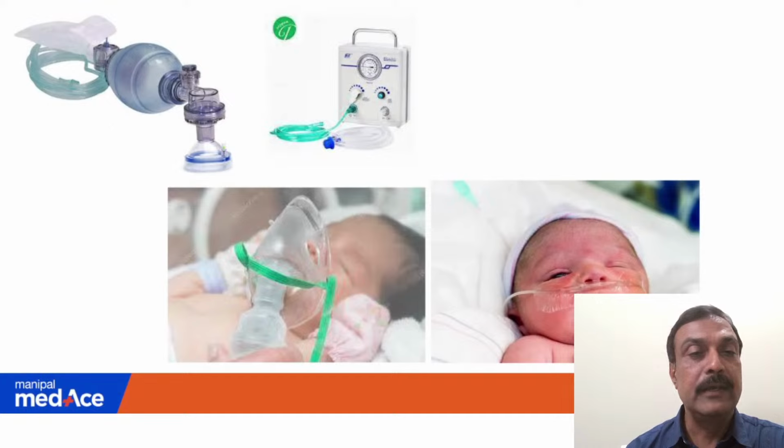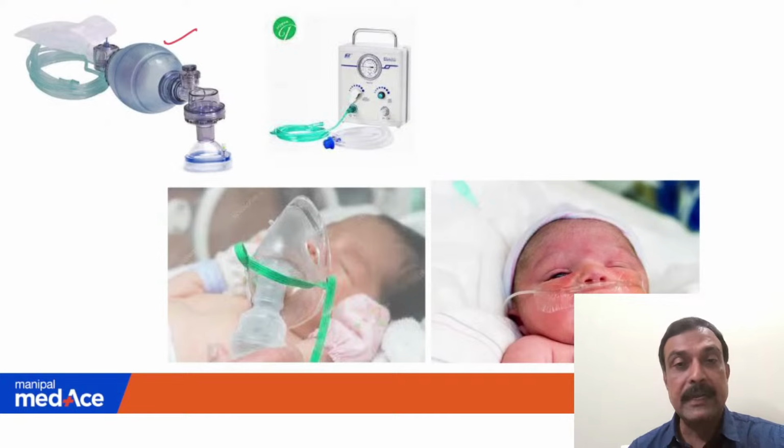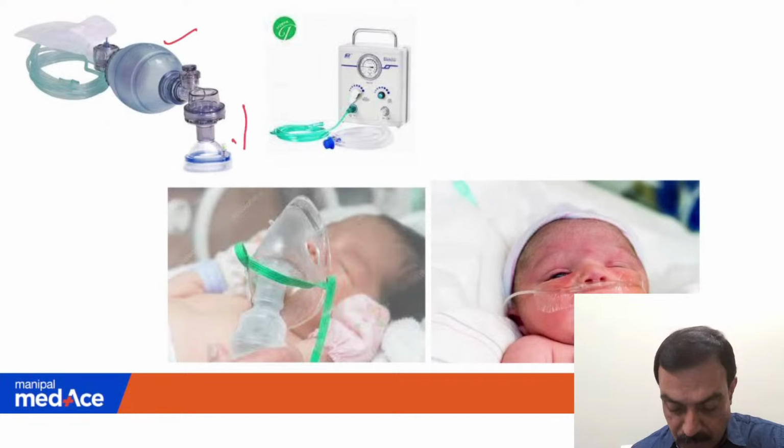So if you can see here, sorry for some delay from my side. This is a self-inflating bag. Remember that unless we give positive pressure ventilation, the air does not come in.